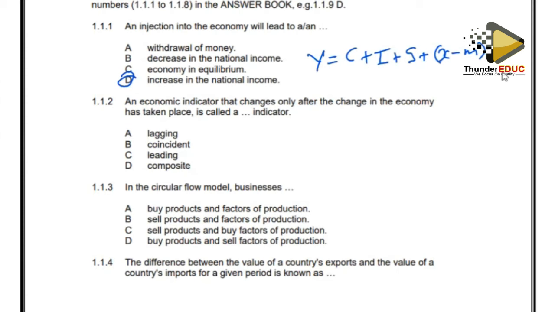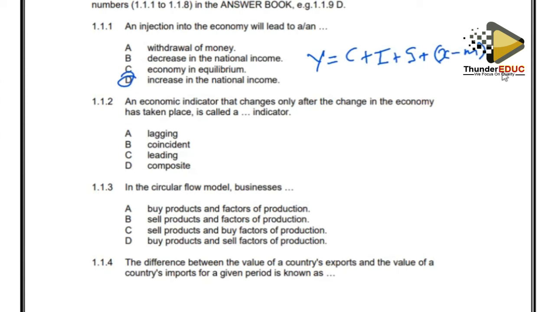A leading indicator is the indicator that changes before there is any change in an economy. So it is the one that can help you predict way better than other indicators. Why? Because it changes before the economy changes.